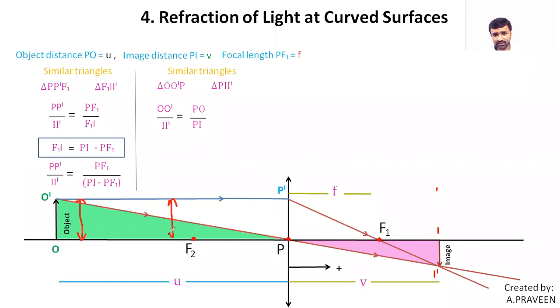O' is the height, the parallel lines distance. Yes. So what about PP'? It is also the parallel lines distance. So here what I am trying to say, O' is equal to what? PP' or not? O' equal to PP' or not?